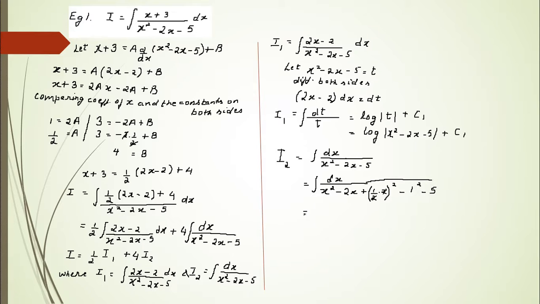Okay, now this is equal to integral dx divided by, now this particular portion I can write it as x minus 1 whole square, and this is minus 6, and then I can continue.